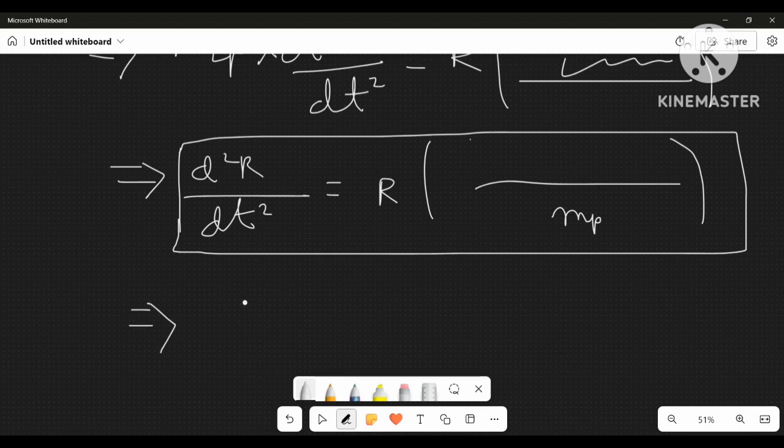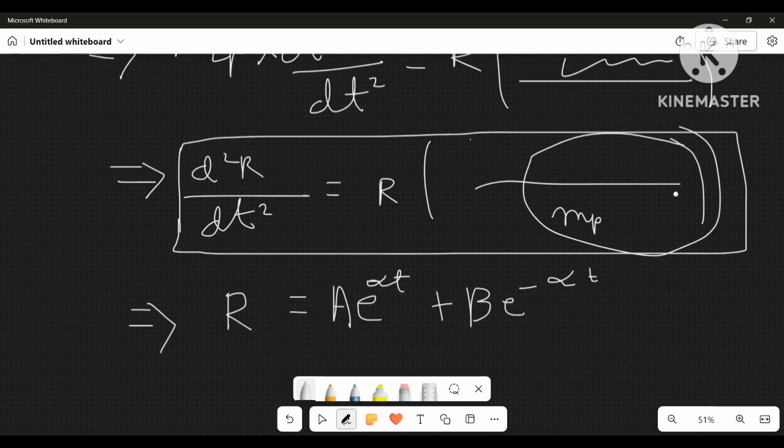The solution of this differential equation, if you remember, will be something like r equals a e to the power of alpha t plus b e to the power of minus alpha t, where let alpha be this constant. You can assume this to be the constant alpha. Basically, d²r by dt² equals alpha r. So the solution of that differential equation is given by this.